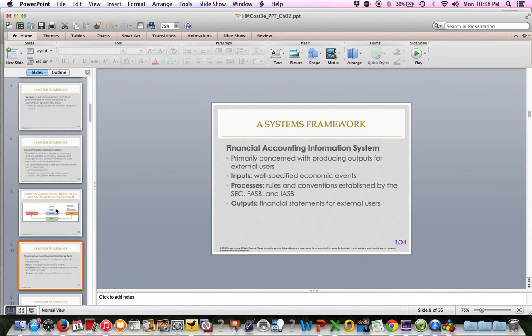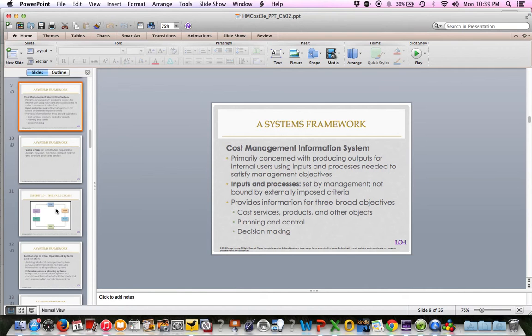Just know that there are prescribed rules in place that say accounting has to happen a certain way, and there's a prescribed financial statement format that says the financial statements need to look a certain way. So it's very prescribed for us. We really don't have a choice with how this information is processed or what it's going to look like, because it needs to be given to those external users who want to see it a certain way so they can compare my company to somebody else's and know that the numbers were processed according to the same methods.